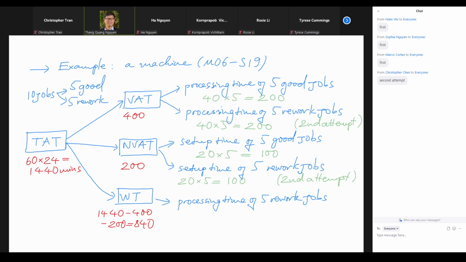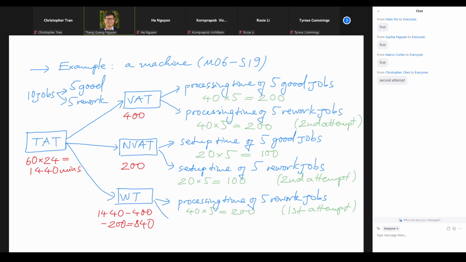Processing time sounds like value added, but because it is a failure, we should classify it as waste time. So that's why we write here the first attempt, right? The calculation itself is easy. We would take 40 minutes per job times 5, then we have 200 minutes, right?